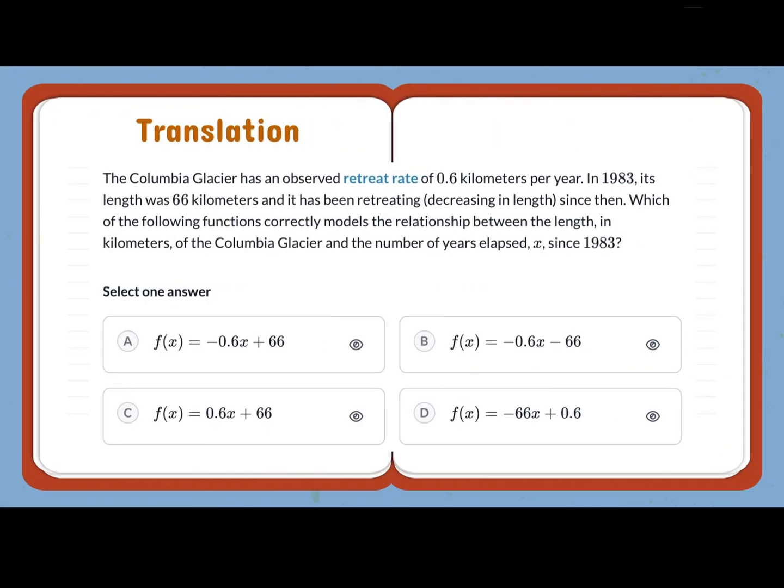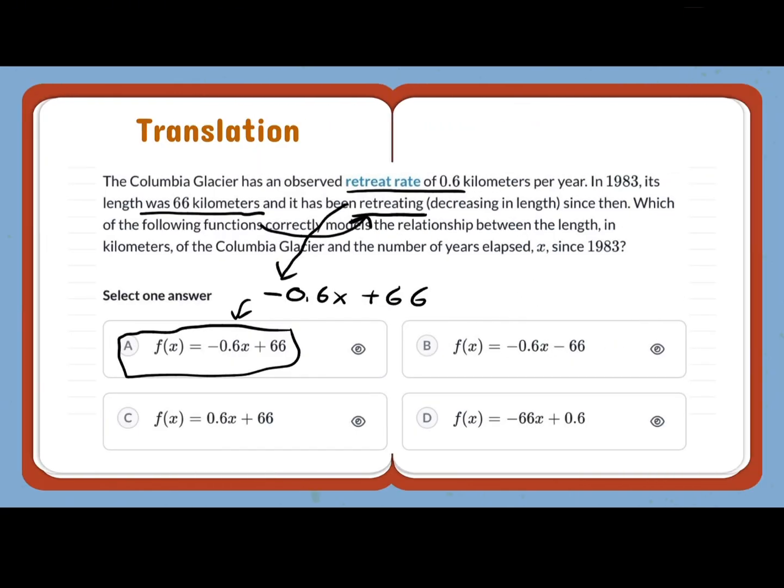Okay, for our last example here, we have the translation of these equations. So you guys will have to be able to understand that the retreat rate is a rate, which usually has that variable there, which is x. So if you look at the retreat rate, you guys will have to look at, in context, what is happening to f of x, which is what we're looking at.